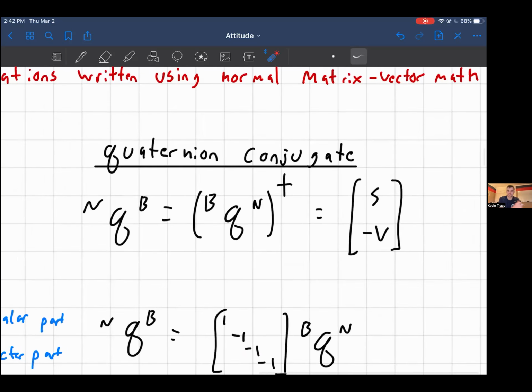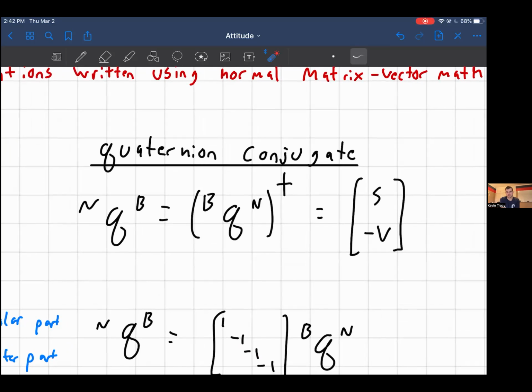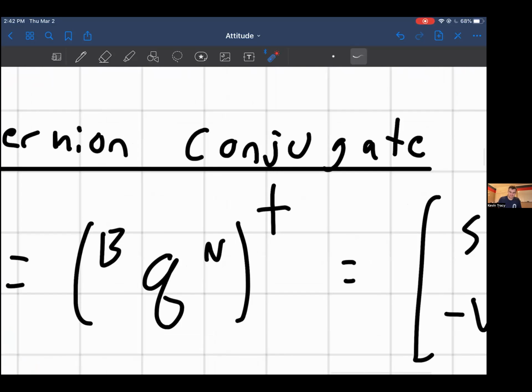The next thing is the quaternion conjugate. With rotation matrices, we said that if I have Q and B and I want Q, B, N, I can take the transpose of this, and this gives me that. We can't transpose quaternions, we can conjugate them. This is the quaternion version of this. It's written with this dagger symbol, and you'll see this written a few different ways.